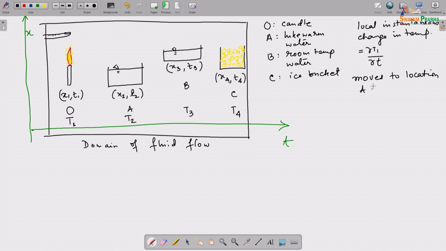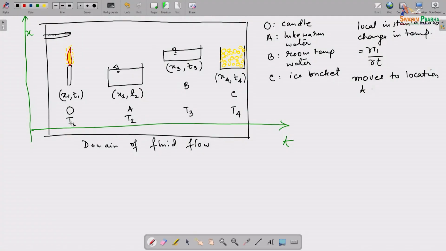I move there, and I thrust my finger into this tank of lukewarm water. There is going to be a change. So, what is going to be that change?